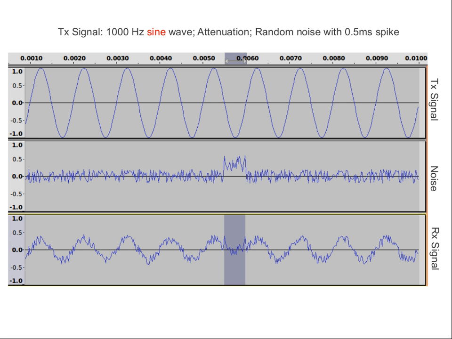Does it look like a sine wave? Yes, it's a simple sine wave. That's the top signal. One component.